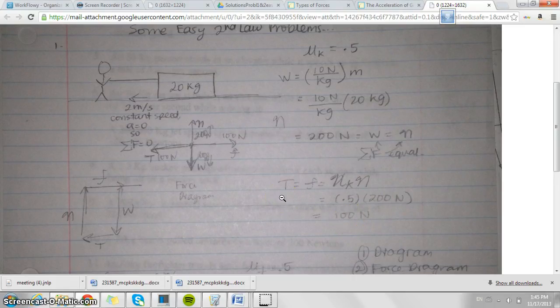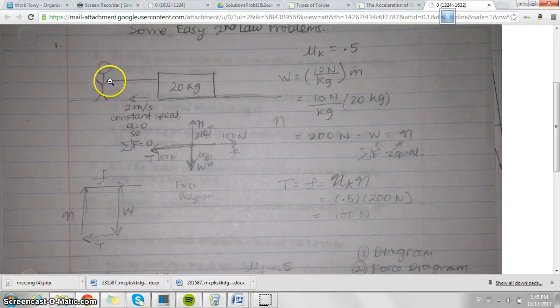And because the net force is 0, the friction is also equal to the tension of the person pulling the box. And I just made up a rope like Mr. Day did in class.